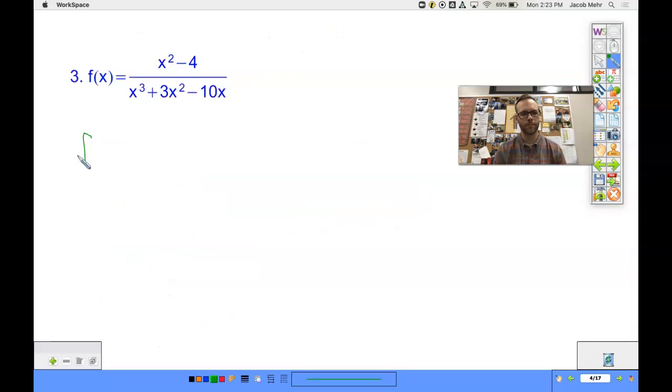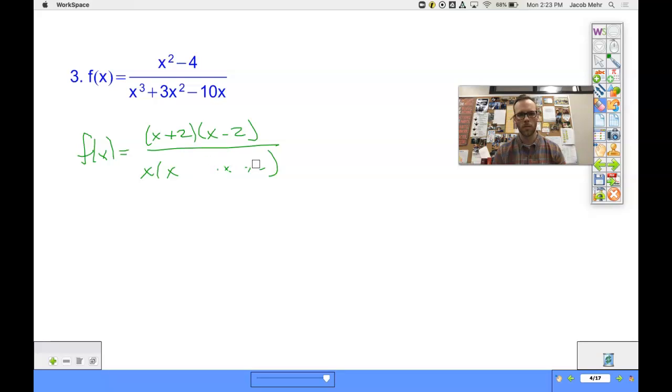How about this one? This one we need to factor the numerator and denominator. And this factors to be what? x plus 5, x minus 2.